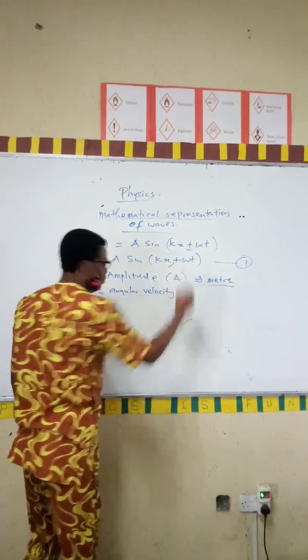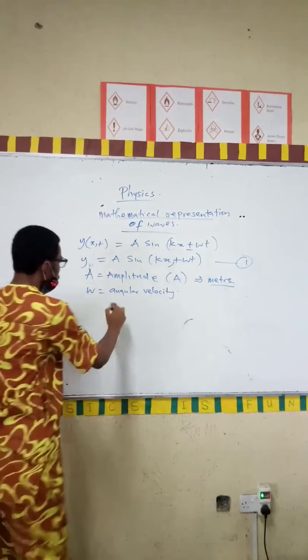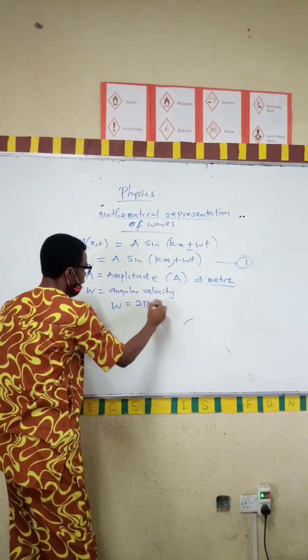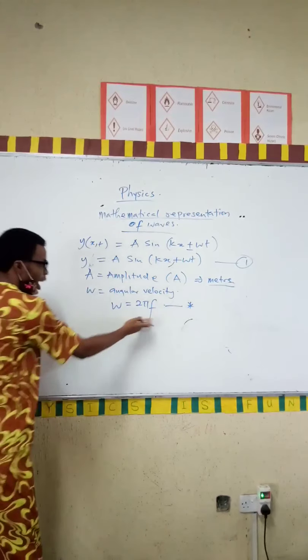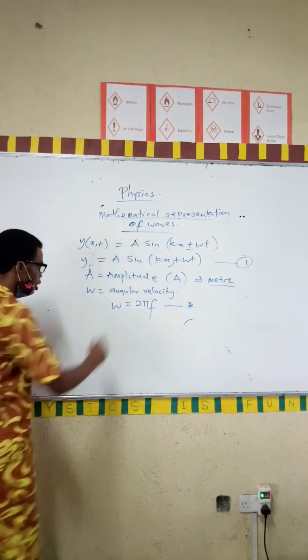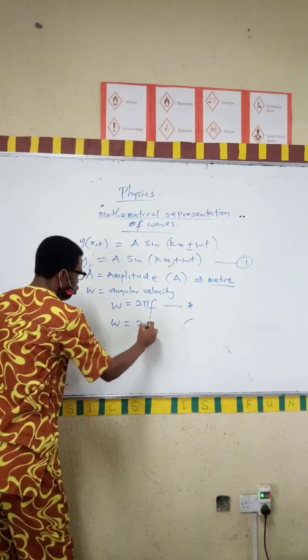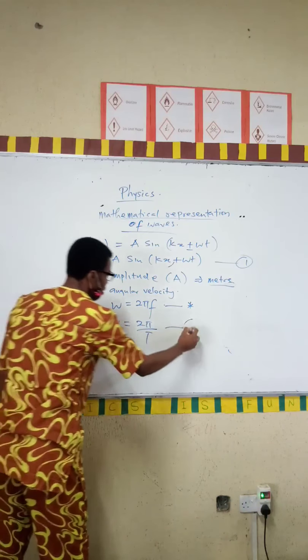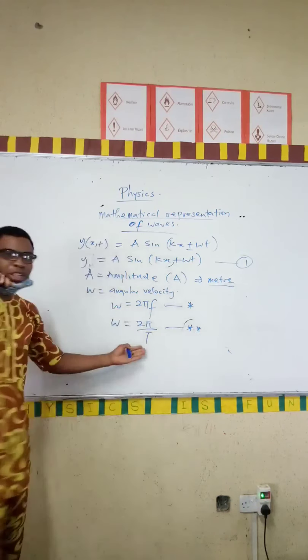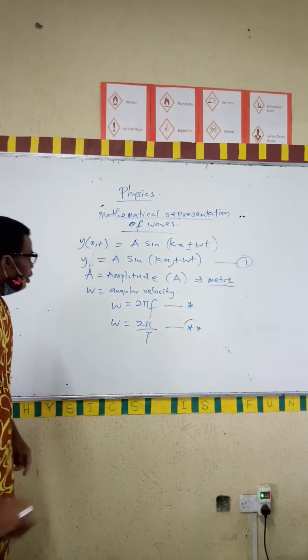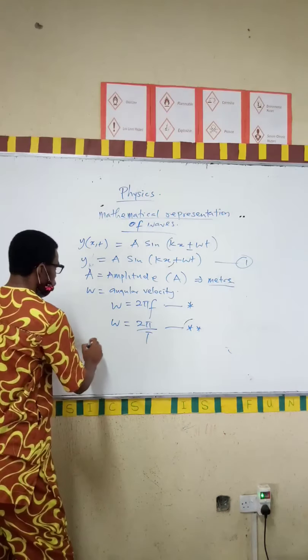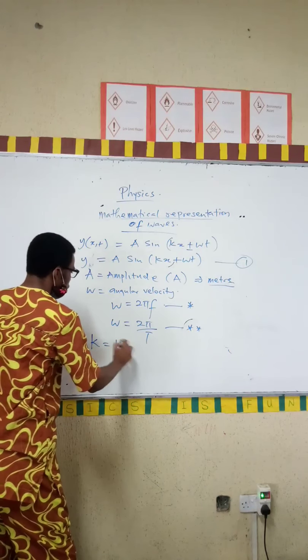And w is given by 2 pi f, where f is the frequency. w is also given by 2 pi over T, where your capital letter T is your period. And also, k is called the wave number.